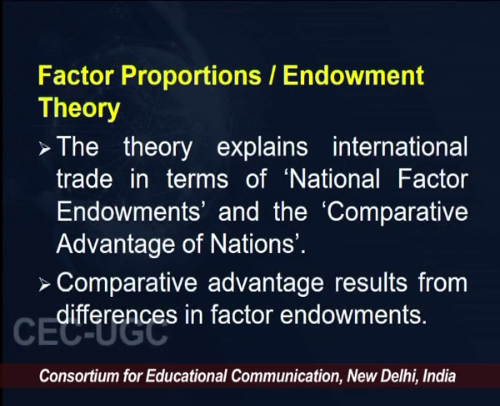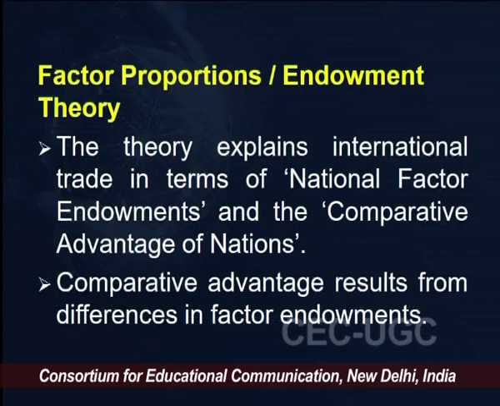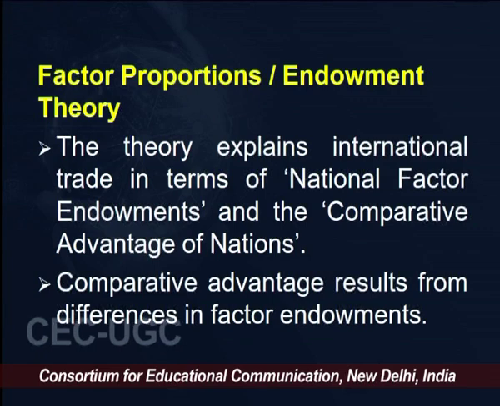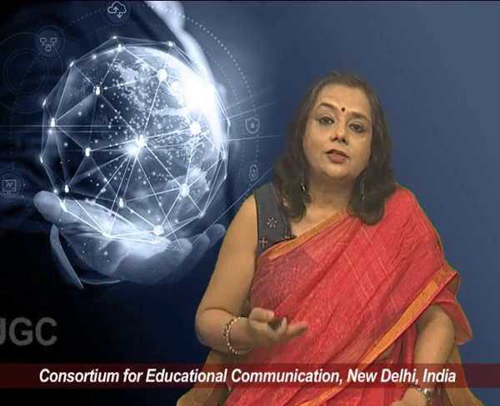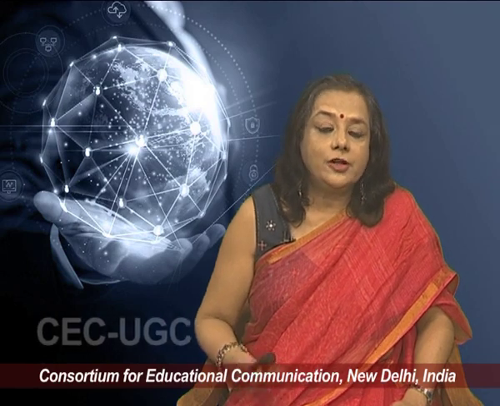Now, this theory is a very general theory, and it is the basis of international trade, or export and import, that we have explained probably in the first lecture of this series, that Mother Earth has not bestowed all the countries with equal amount of resources.